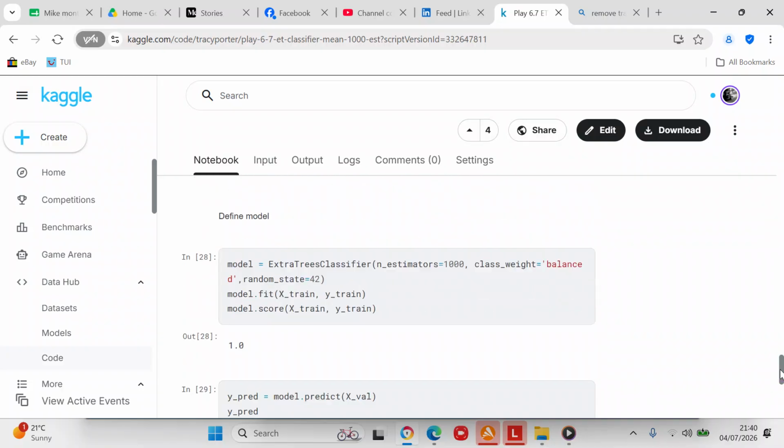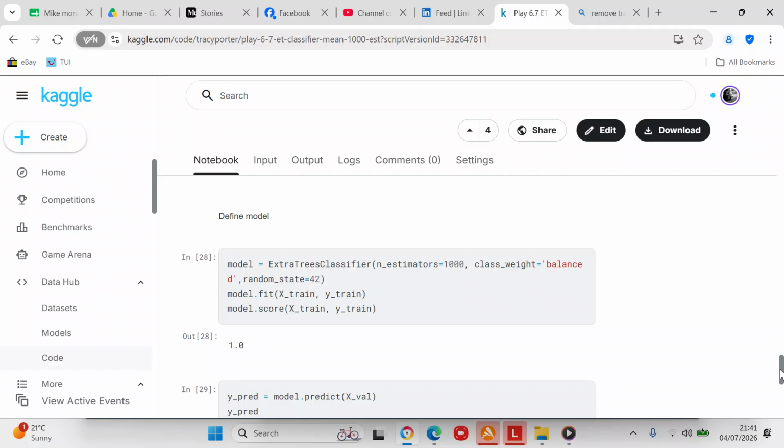Now we're going to define the model, and in this instance I'm going to use the Extra Trees Classifier. I chose it because it's not picky about training a target that has categories in it. I could have tried the random forest.